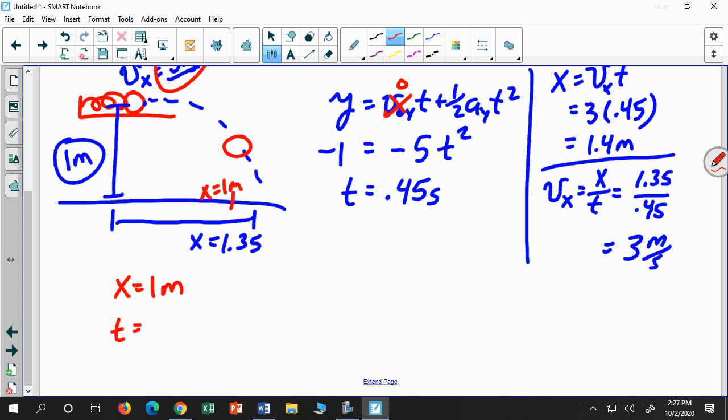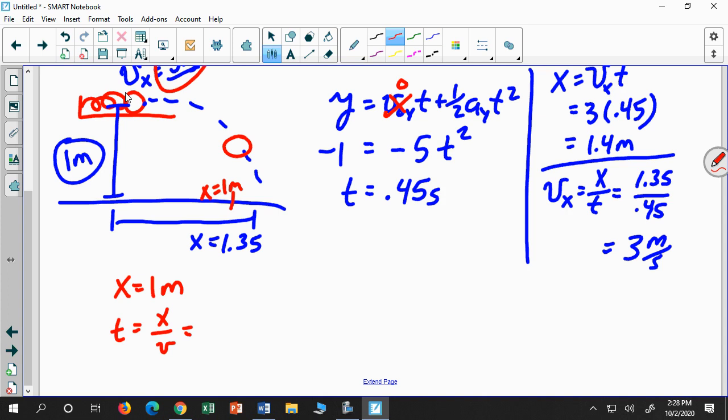The t is equal to, let's see, v is x over t. So t is v divided by, no, that's not right. X divided by v. Isn't that right? Meters over meters per second. Yeah.